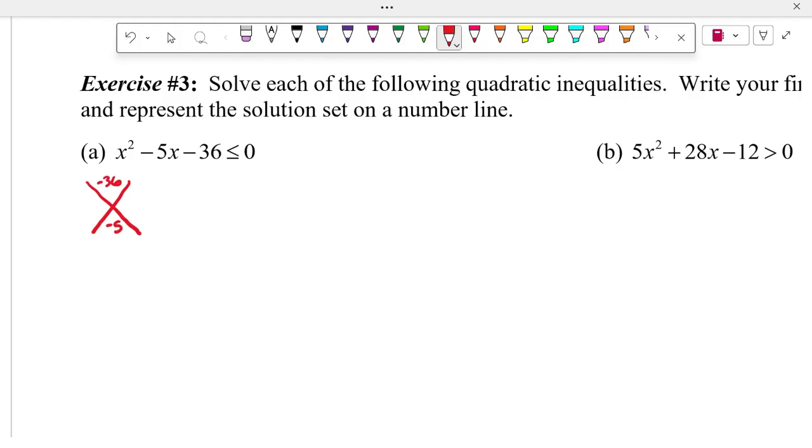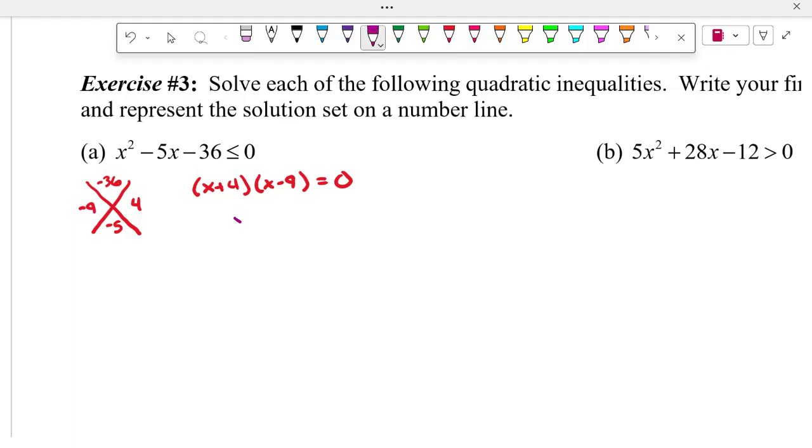So our two values that multiply to -36 add to -5. -9, +4. So this would be x plus 4 and x minus 9. And we're solving when it's equal to 0. And again, the only reason I can go straight to my bubbles is because the a value is 1. If the a value is not 1, do a reverse box or T method.